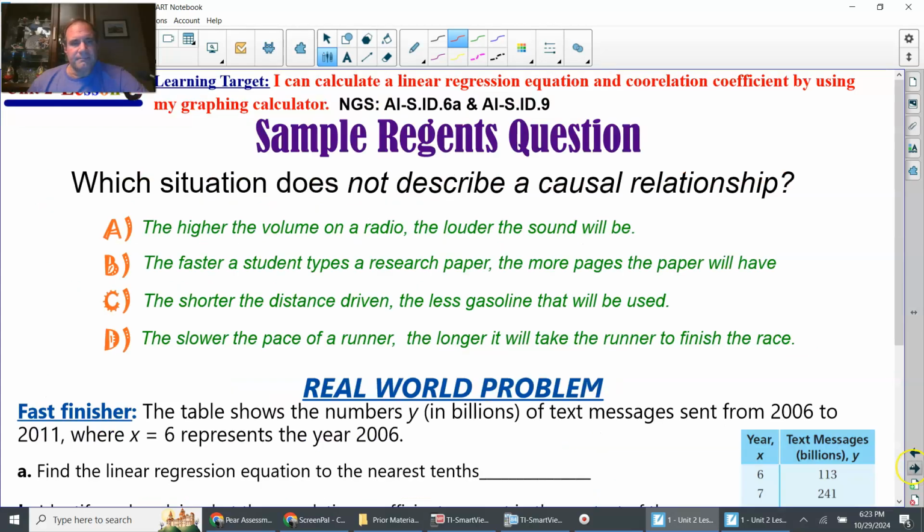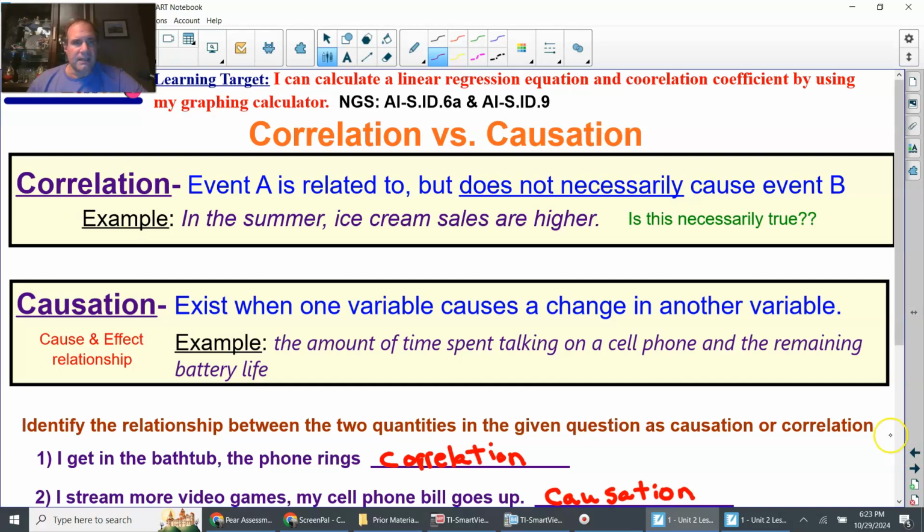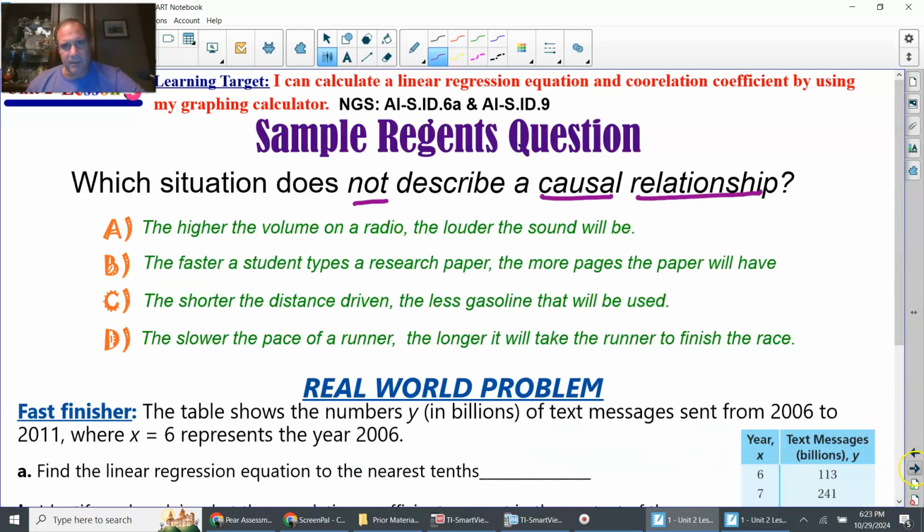So that's basically it. This is a sample Regents question. Which situation does not describe a causal relationship? Remember, a causal relationship is a causation.